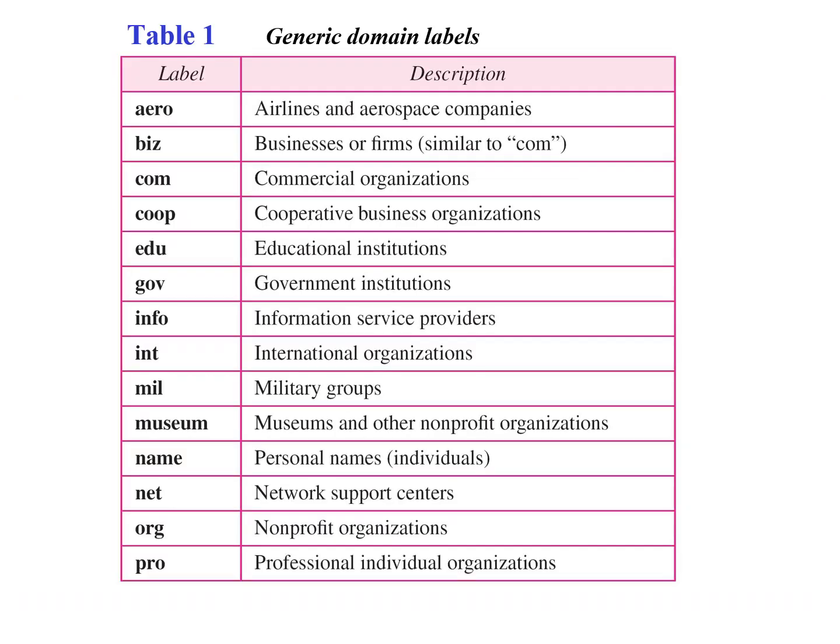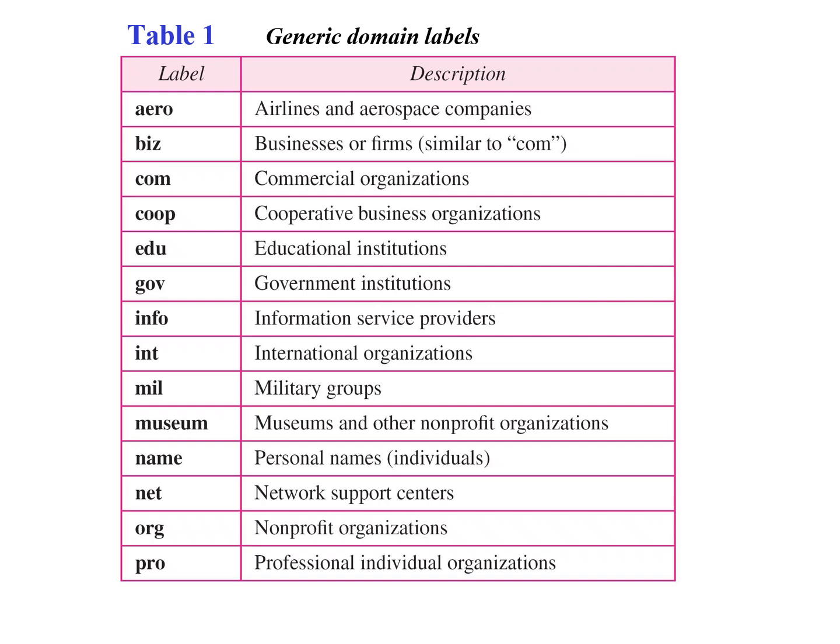The generic domain labels: we have aero, which stands for airlines and aerospace companies. Biz stands for business. Com means it's a commercial organization, like Yahoo.com or Google.com. Coop means a cooperative business organization. Edu is an educational institution. Gov is government.